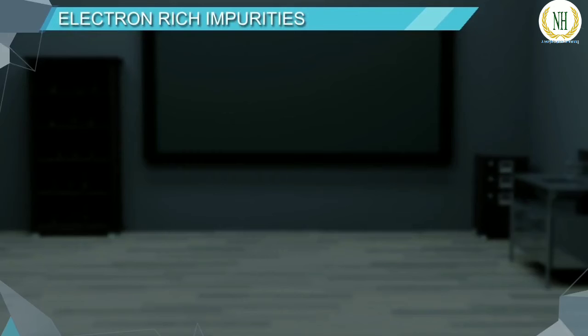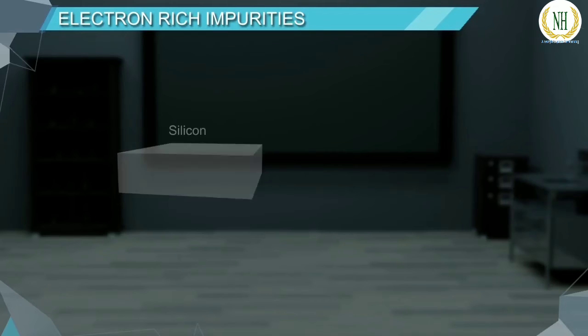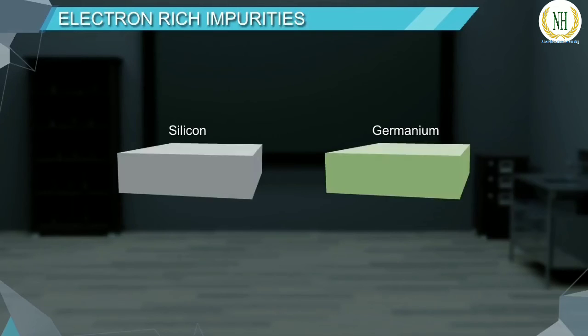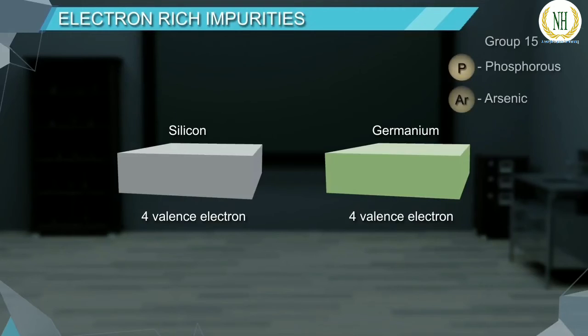Electron-rich impurities. Both silicon and germanium belong to group 14 of the periodic table and have 4 valence electrons each. When silicon is doped with a small amount of group 15 elements such as phosphorus, arsenic, its electrical conductivity increases.